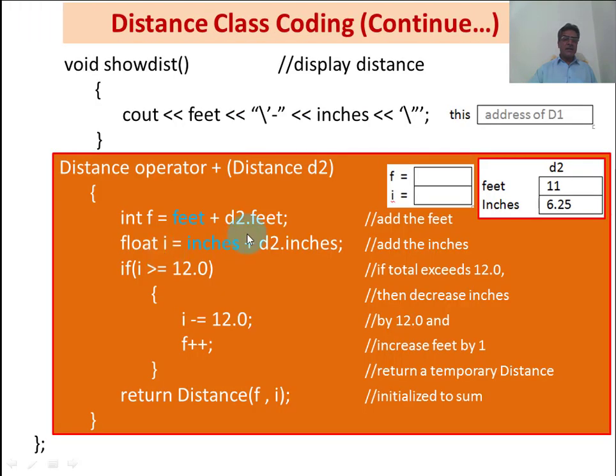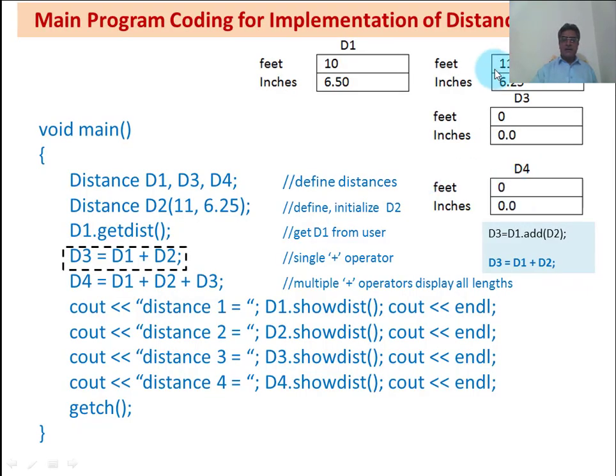Then what happens here? Here you may see that the D2 parameter will accept this D2 object. Distance is the class name and D2 is an object of the Distance class, so it will have feet and inches. And as we know, from here D2 contains 11 and 6.25.